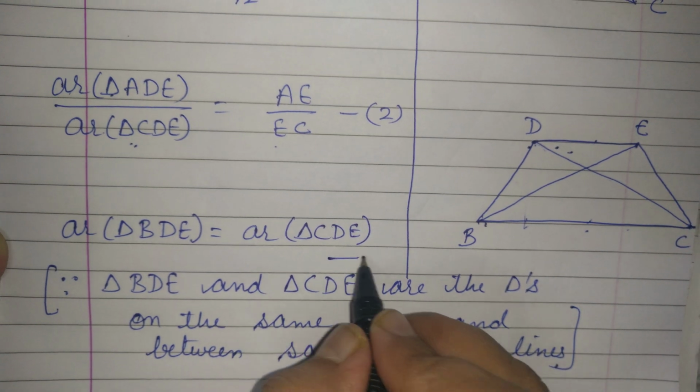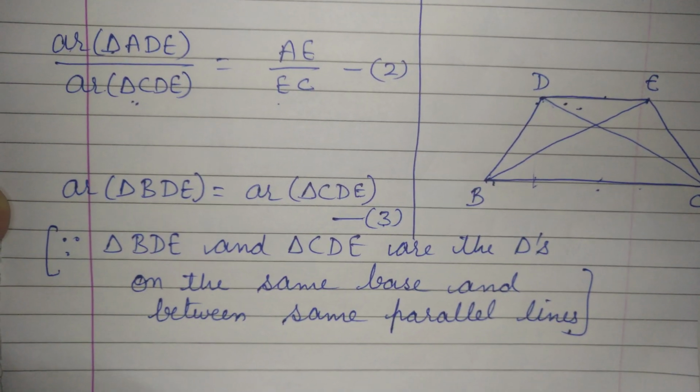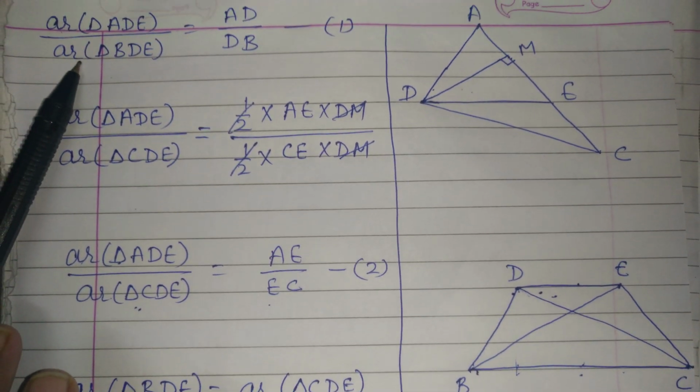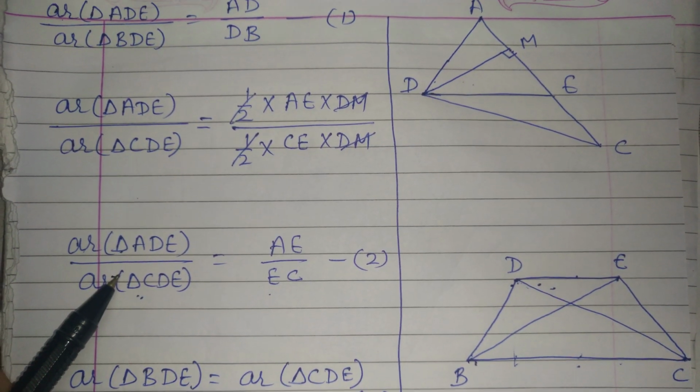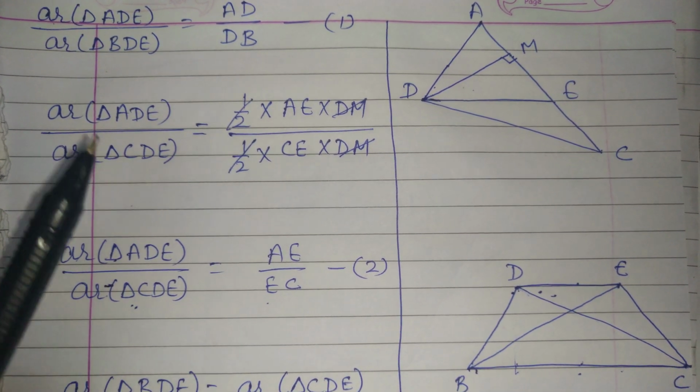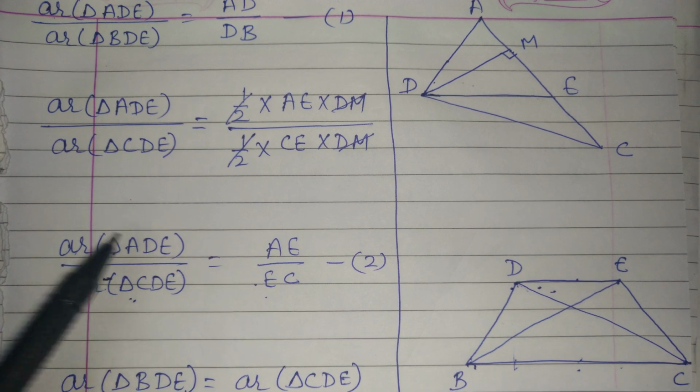We can write this equation as number 3. So now we have proved left hand side of equation 1 is equal to left hand side of equation 2. So we can say right hand side of equation 1 is also equal to right hand side of equation 2.